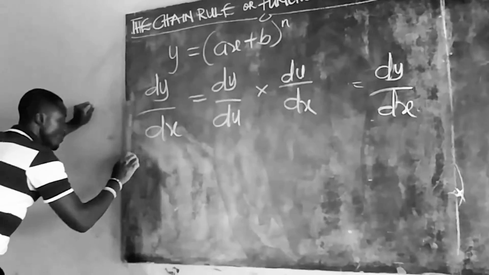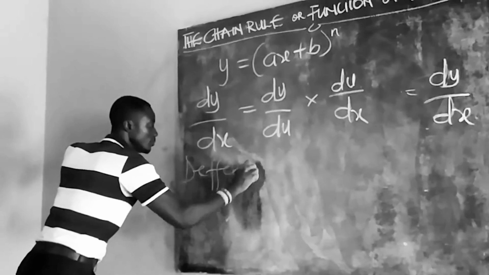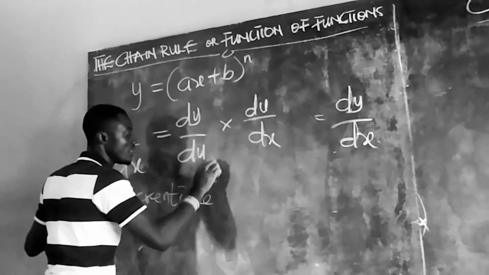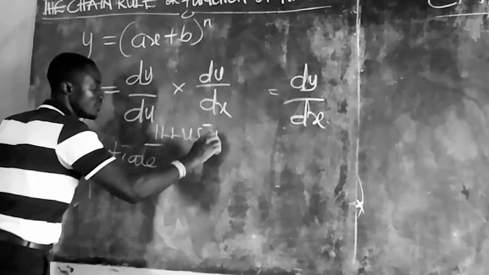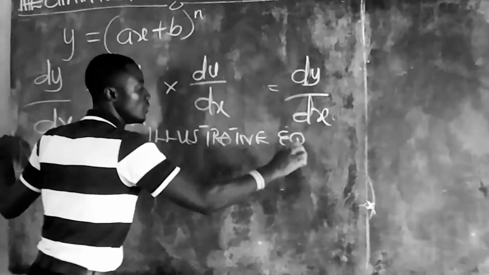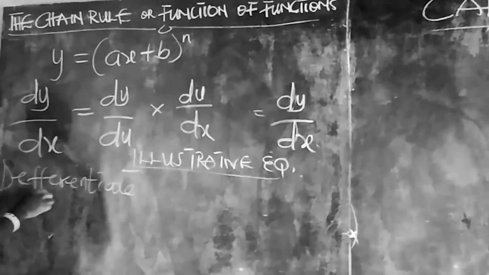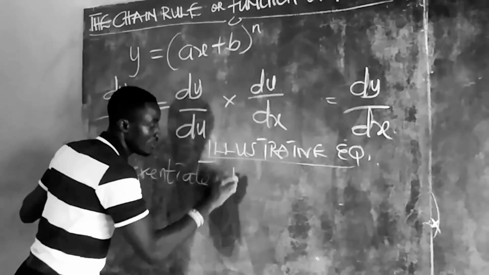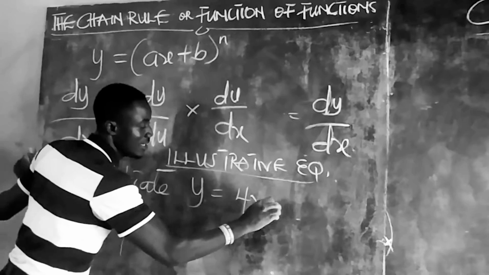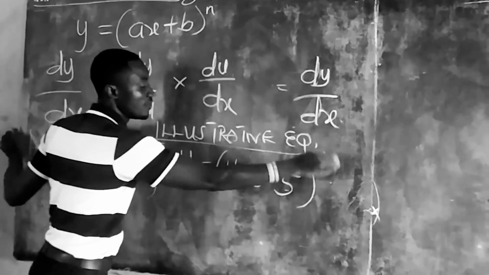Now, an illustrative example. Differentiate the function y is equal to (4x - 5) exponent 5.